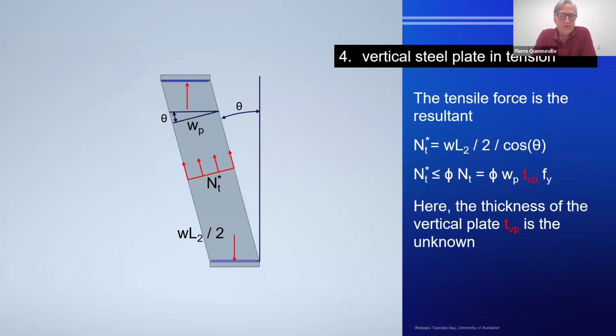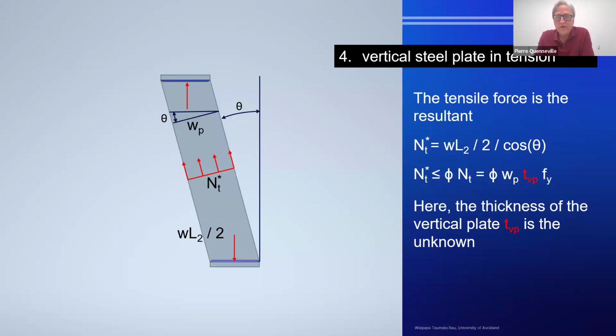So at this point, we would have decided that the vertical plate is wide enough to cover the entire length of our top and bottom steel plates.